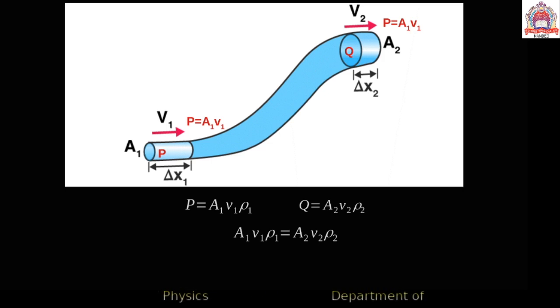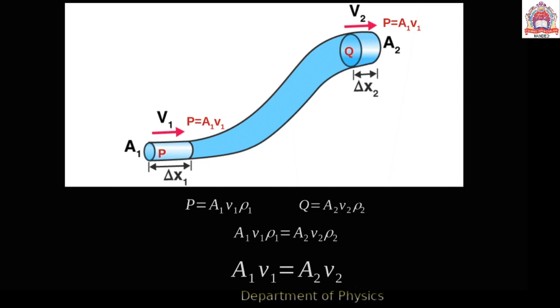As the liquid is incompressible, the densities of the entering and leaving liquid are the same, so rho 1 is equal to rho 2. Thus we get A1 V1 is equal to A2 V2. Thus the volume of the liquid entering the section P is equal to that leaving the section Q.